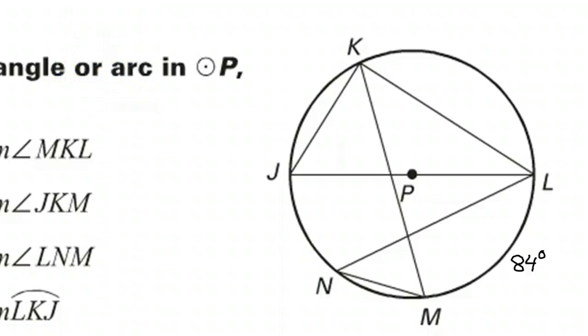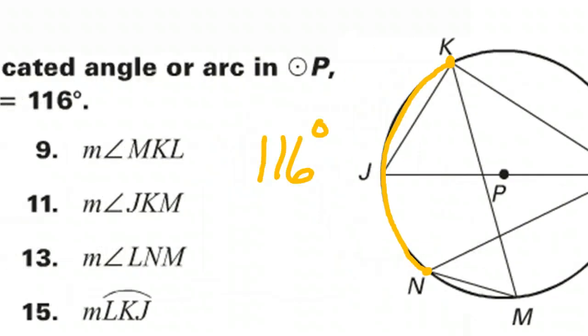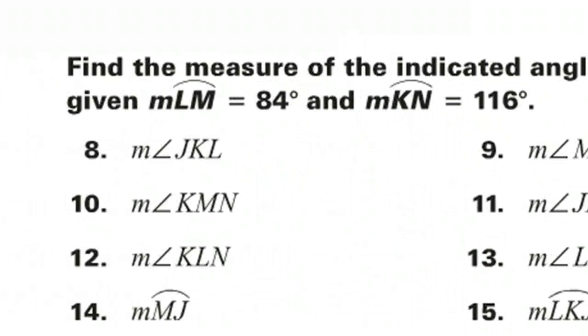Let's use orange. KN goes from K to N, of course. So here is arc KN, and that is 116 degrees. Let's see if we can use those two pieces of information to solve for everything else.